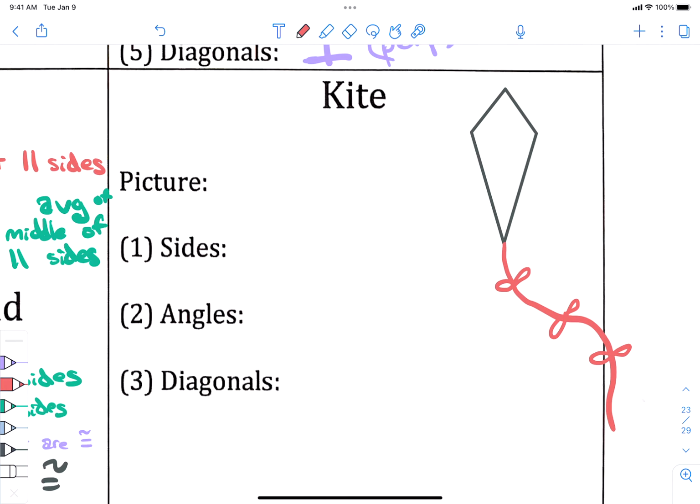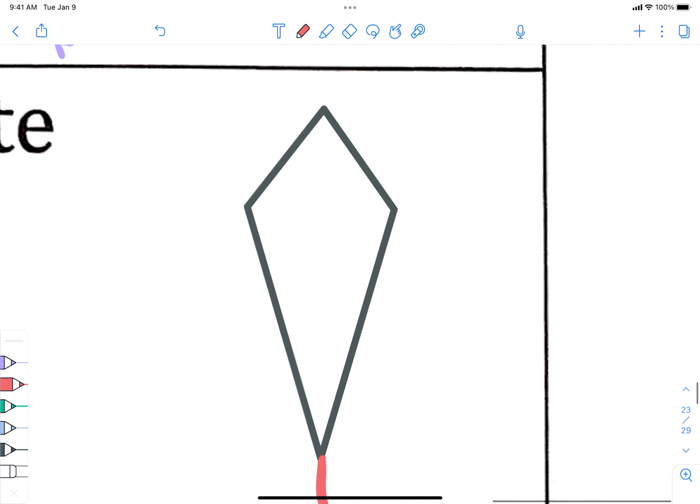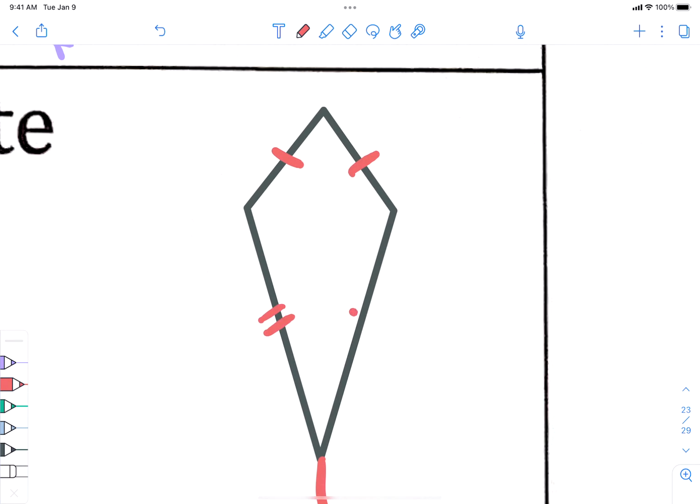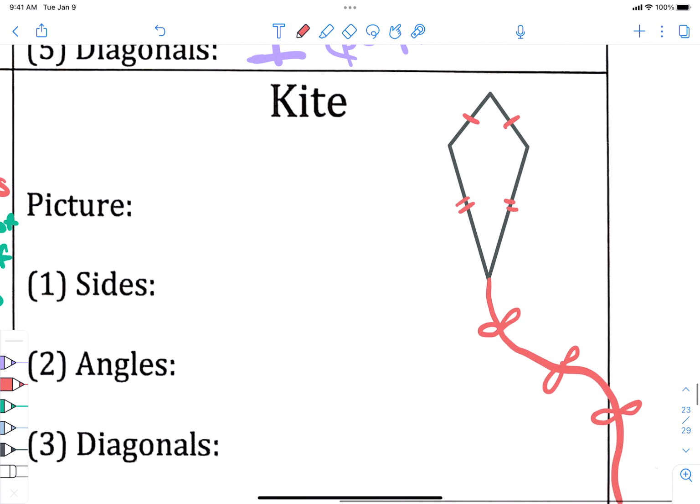Let's talk sides of a kite. What do we got? Are they all the same? No. What's true about the sides of a kite? Are they parallel? The top two are the same. These two are the same and these two are the same. Now I don't want to use the words top and bottom because this might be on its side, right? So the top two are the ones that are right next to each other, right?